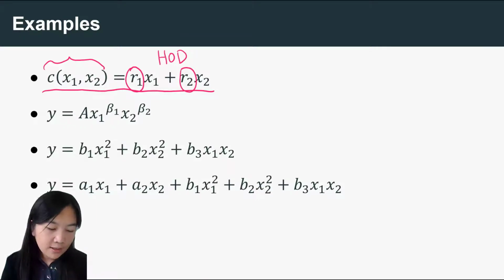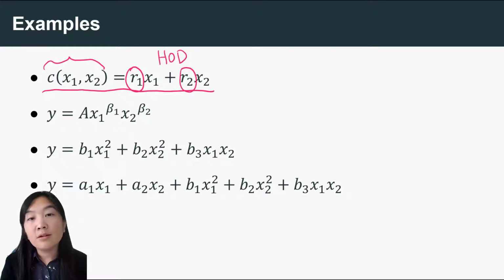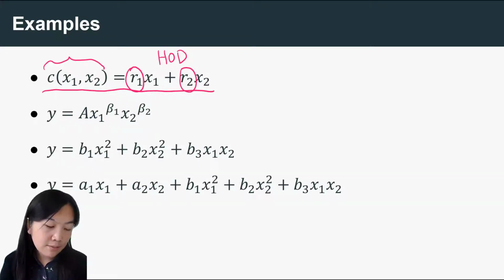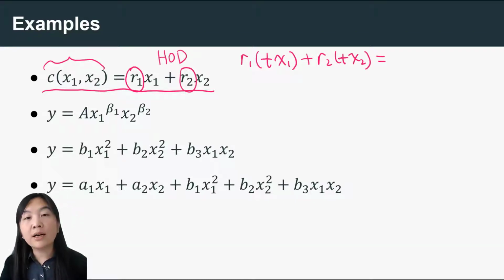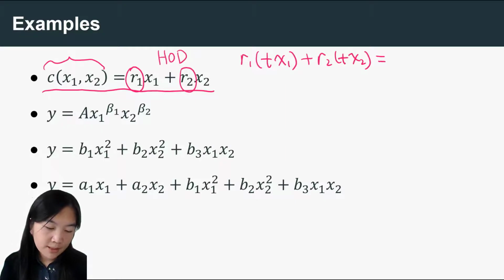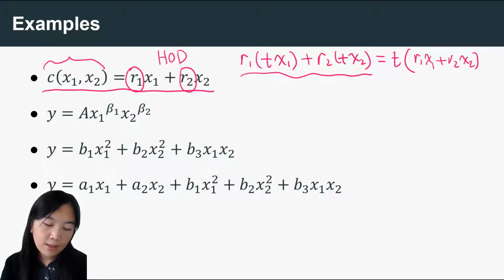And why is that? Because if we change our x1 to t times x1, then our new cost will become t times r1 x1 plus r2 x2, and this is t times the original cost.